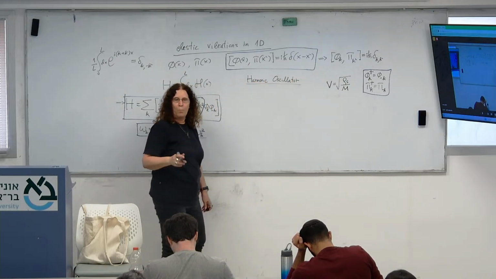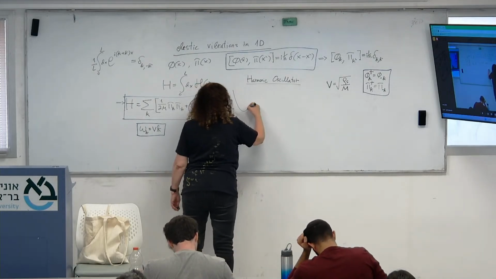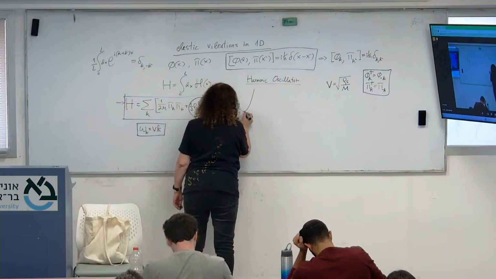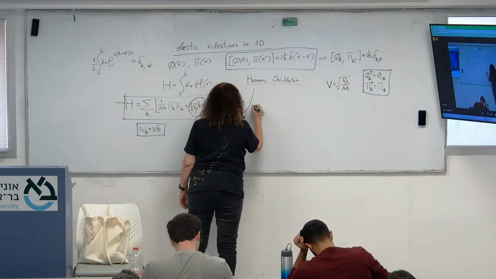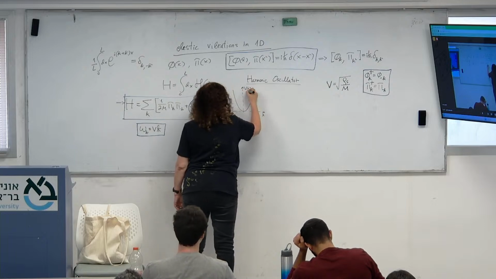Just for a single particle, so I remind you we have something like a quadratic potential as a function of x. This is x. This is V of x. Okay?